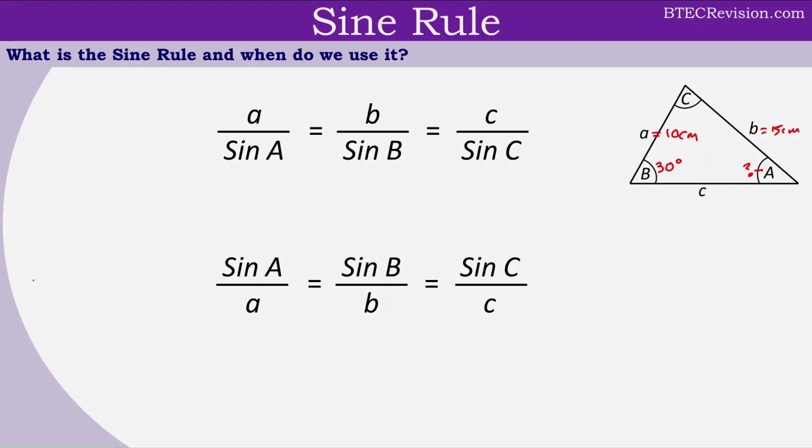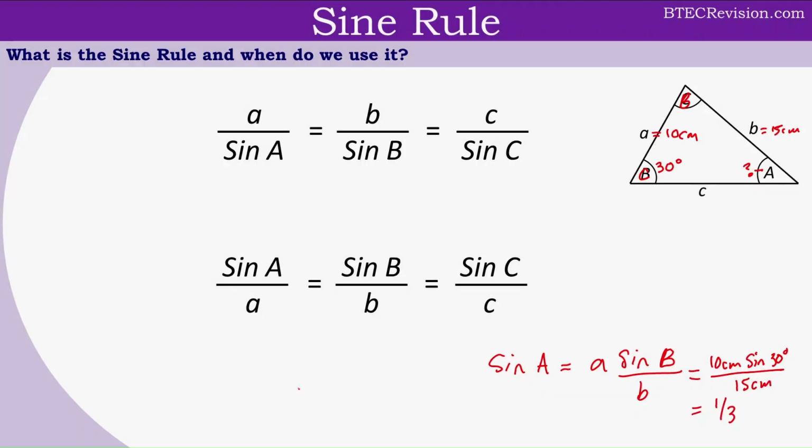To work out sine A, we would rearrange the equation, so that would make sine A equal to a times sine capital B divided by b. So a equals 10 centimeters, sine B, which is 30 degrees, divided by 15 centimeters.